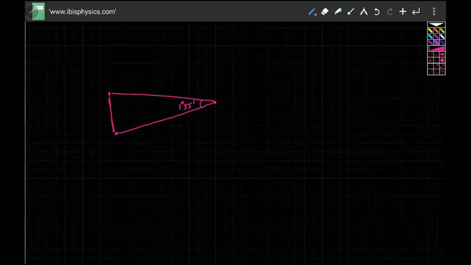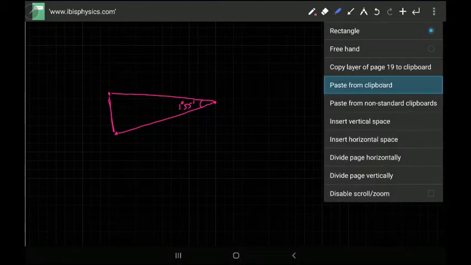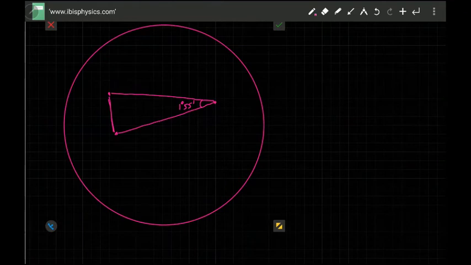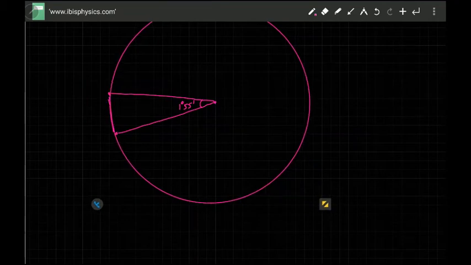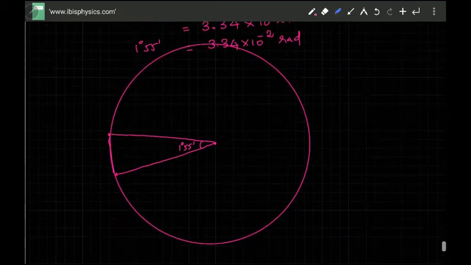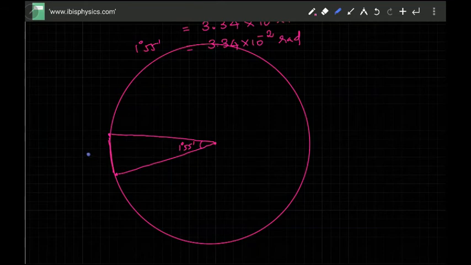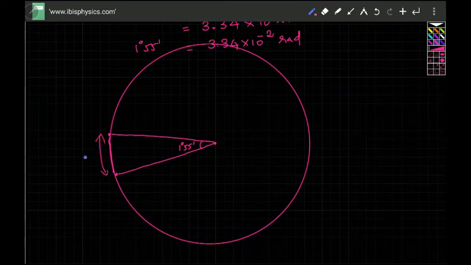According to the definition, this is the center and these are 2 points separated by a distance exactly equal to the diameter of the earth. So this is our arc length, equal to the diameter of the earth, and this is the radius of this circle.